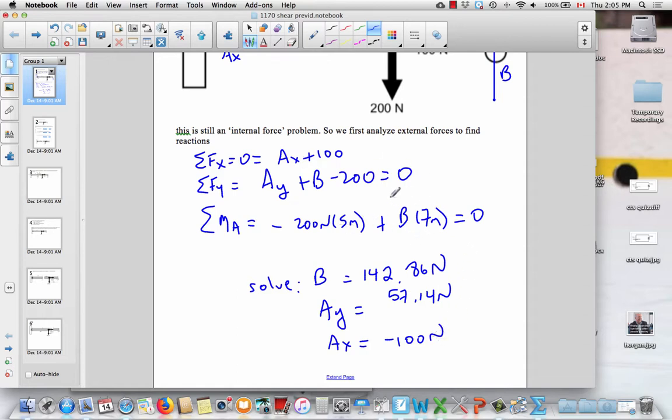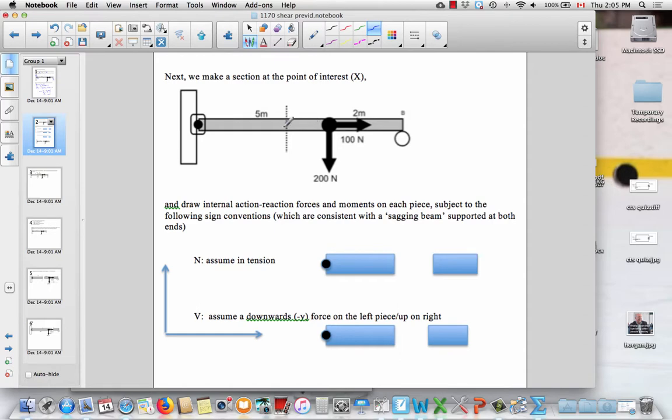So now what's different? Well, now we're going to go inside that structural element, and we're going to cut it right there. So somewhat similar to the method of sections, and then we're going to consider the forces on both sides of that cut. Now, there will be 3 things to consider.